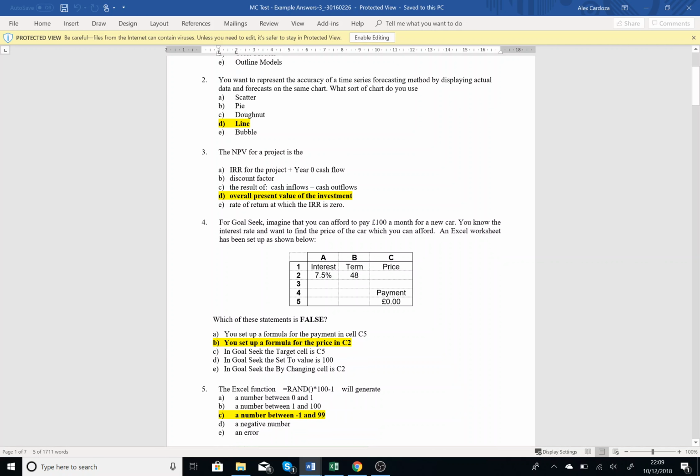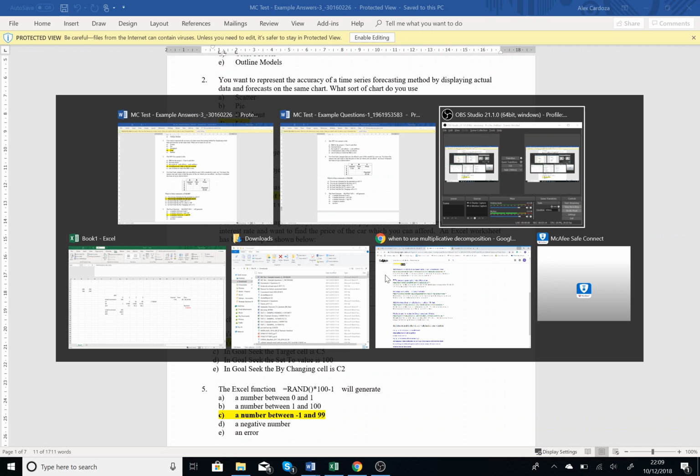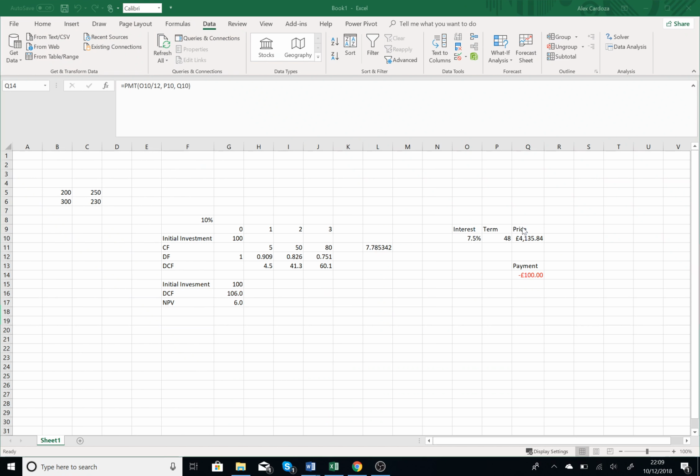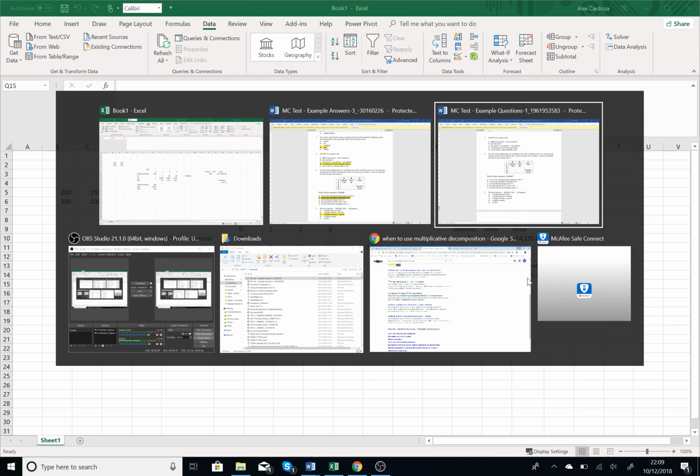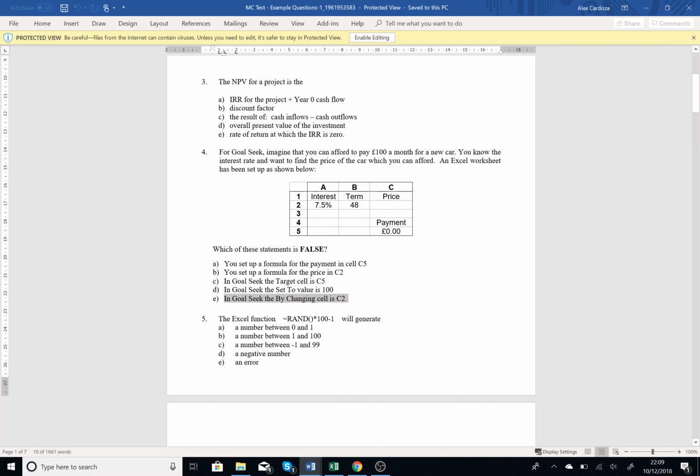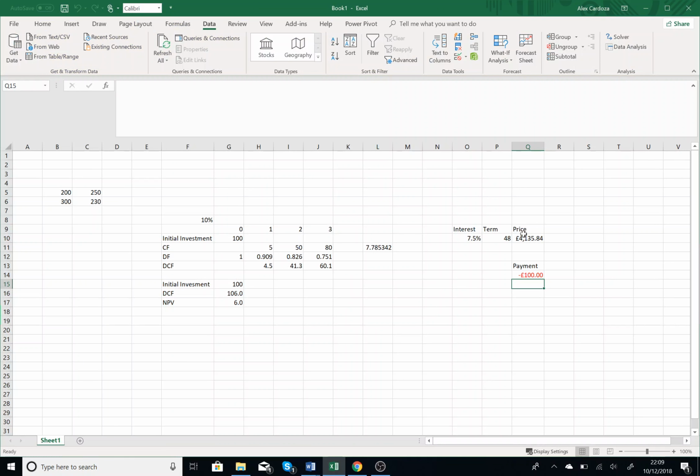Yep. Okay, sorry. You set up, okay, by changing cell. Yeah, E is correct because that's the cell we changed. You set up the formula in cell C2, as I said. Yeah, that's false because, as we stated, the formula, as you can see in the cell here, formula is not there, is it? Because that's where we worked out the price.